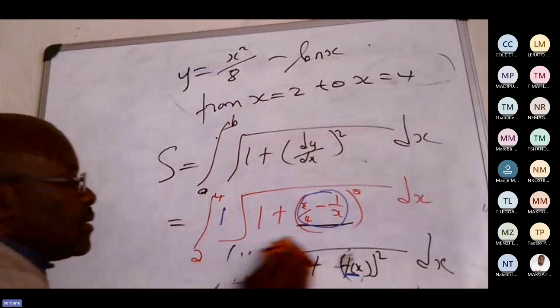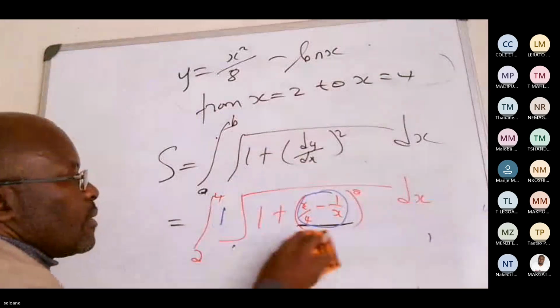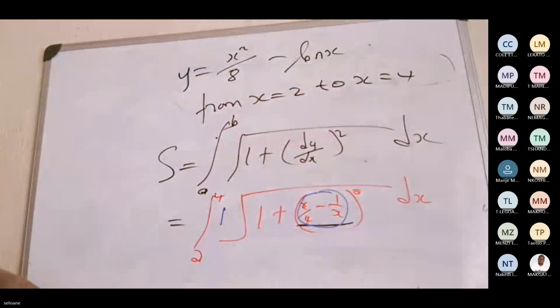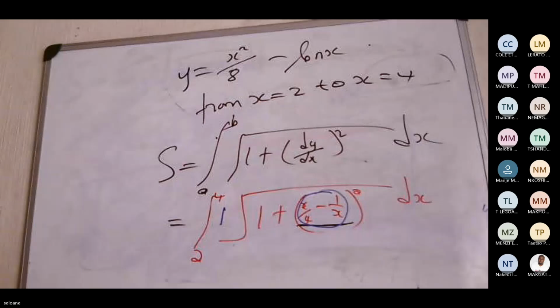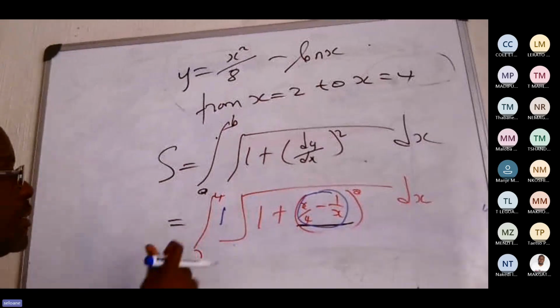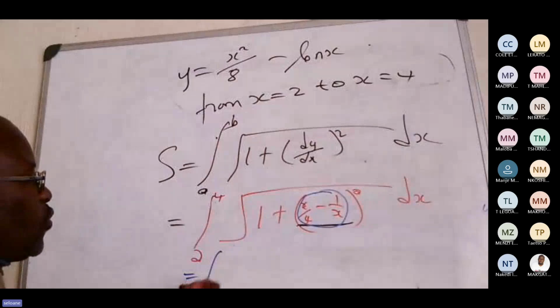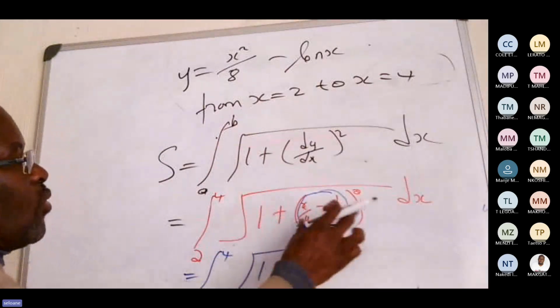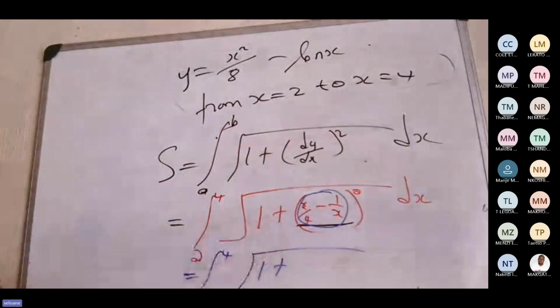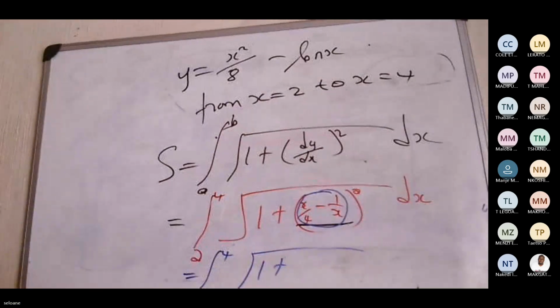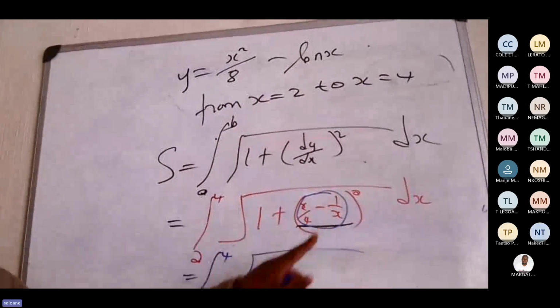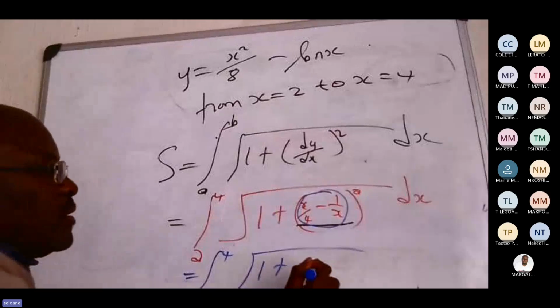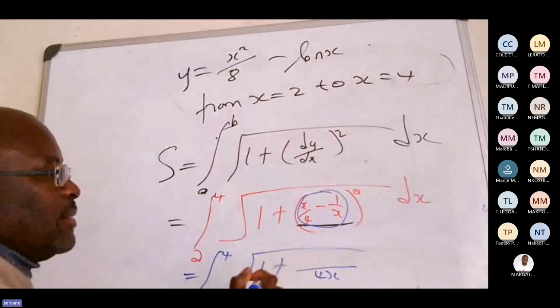So let's see. It will not be from 2 up to 4, the square root of 1 plus 1. Then you combine this. If you combine x over 4 and this, it will simply be 4x here, the LCM.